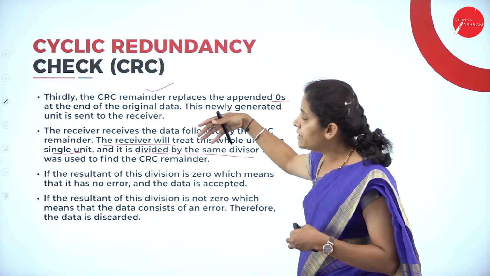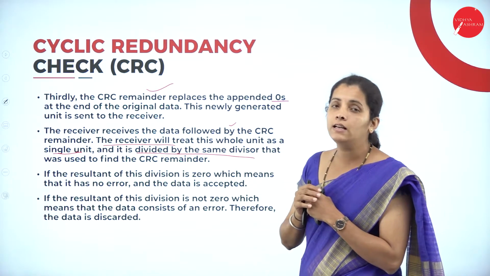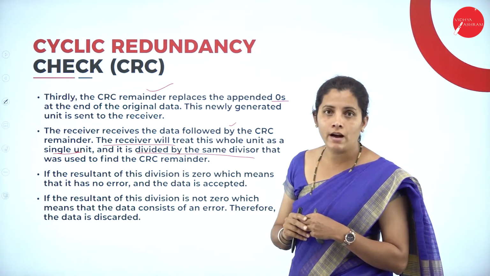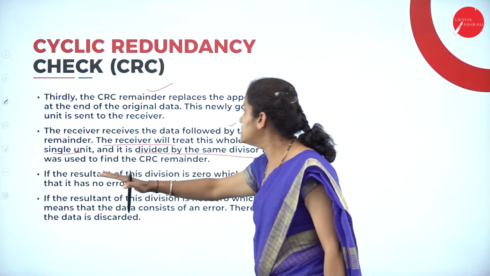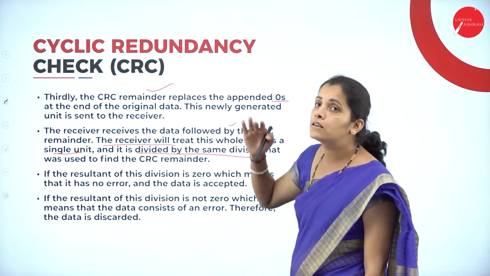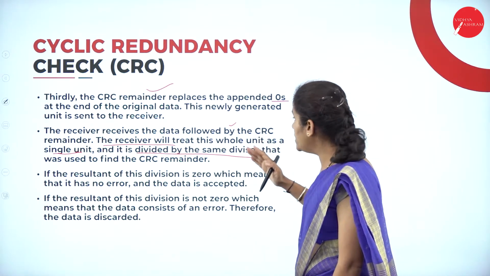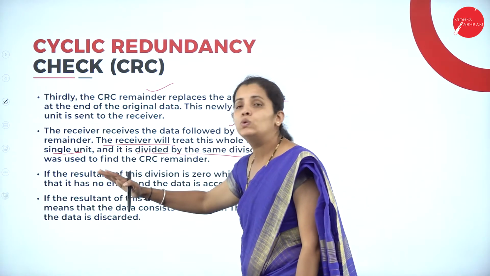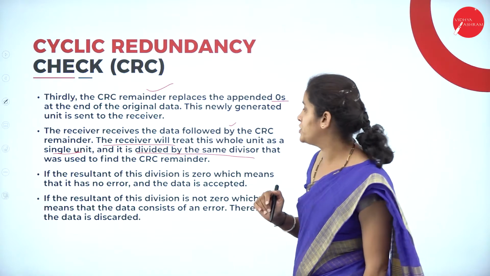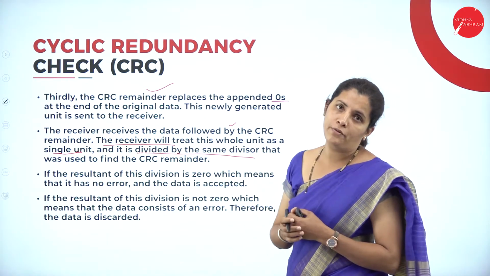If the result of the division is 0, I repeat, if the result of the division is 0, it means there are no errors. That means there is no data modification. Else, there is a data modification.